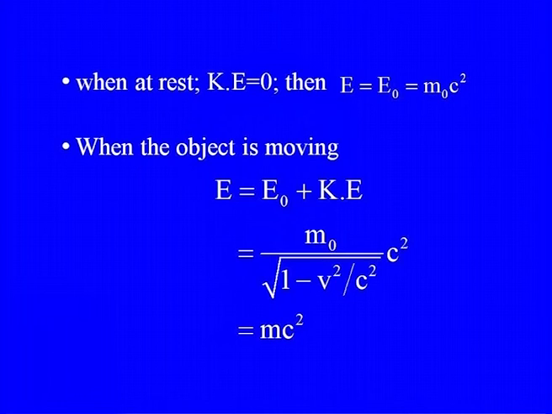Remember, if you go back to our old slide, we see that when the body is at rest, the kinetic energy is 0, but the total energy is still m0 c square. So that justifies the term rest mass energy. That is the intrinsic energy associated with the body even when it is at rest.